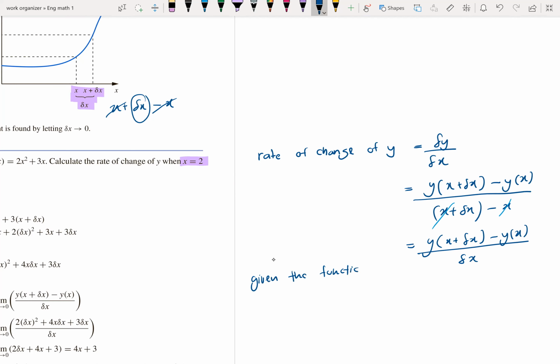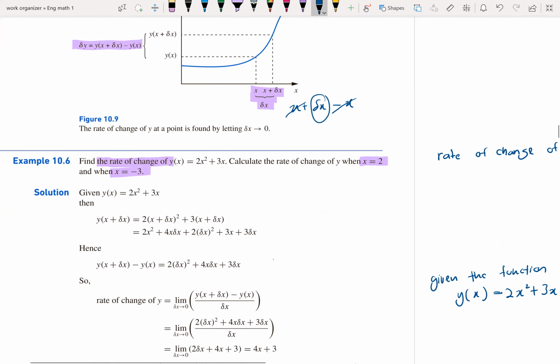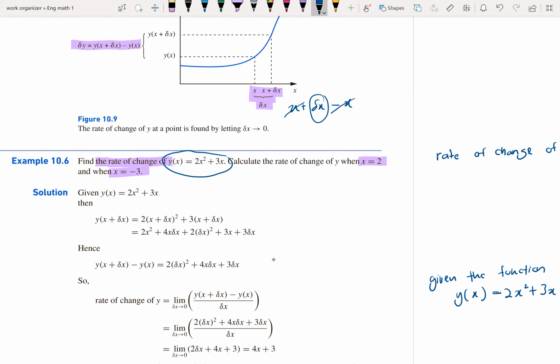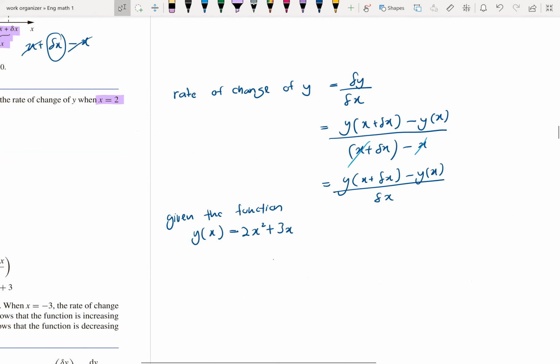So we have to find y(x). Given the function y(x) equals 2x squared plus 3x. Now we are going to find y(x + delta x). We just replace x here and x here.